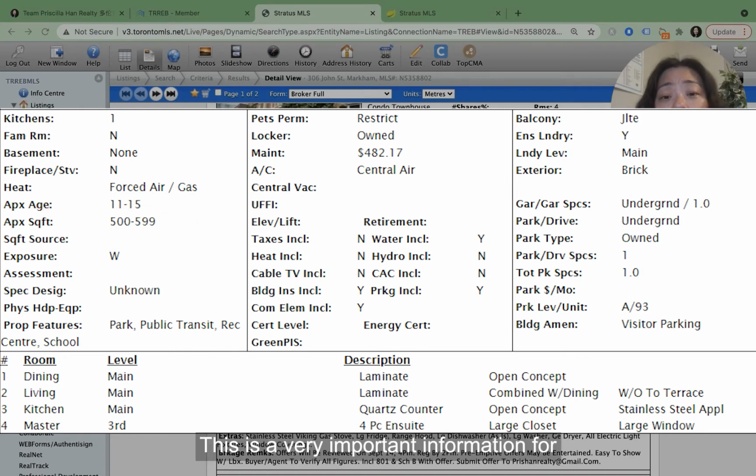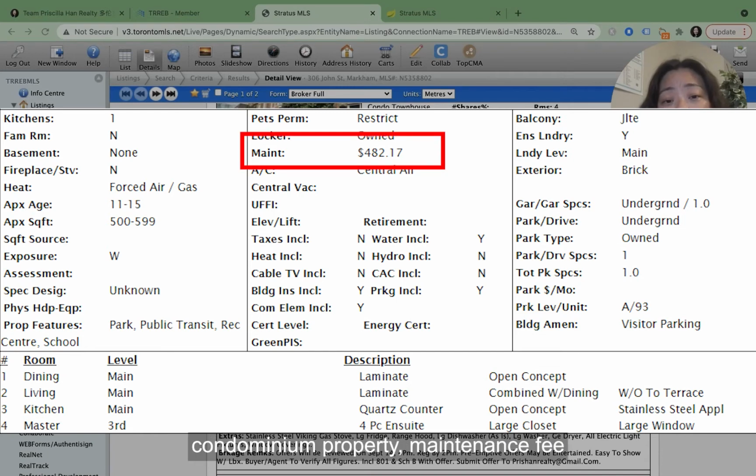This is very important information for condominium property: the maintenance fee. For any condominium property, we own the building itself, but together with all the other owners in this compound, we commonly own the piece of land where these buildings sit. So we don't directly own this land.